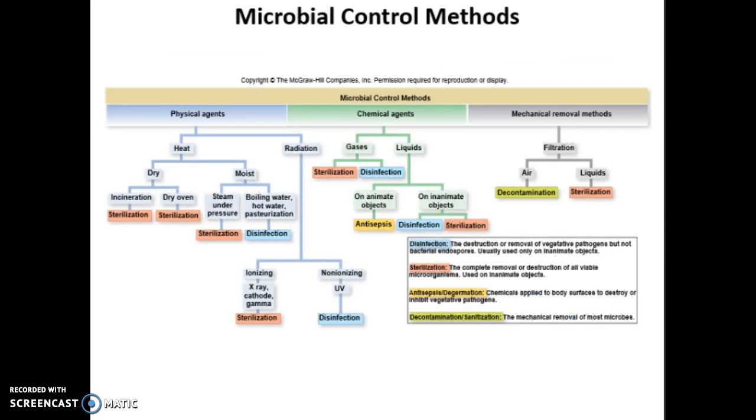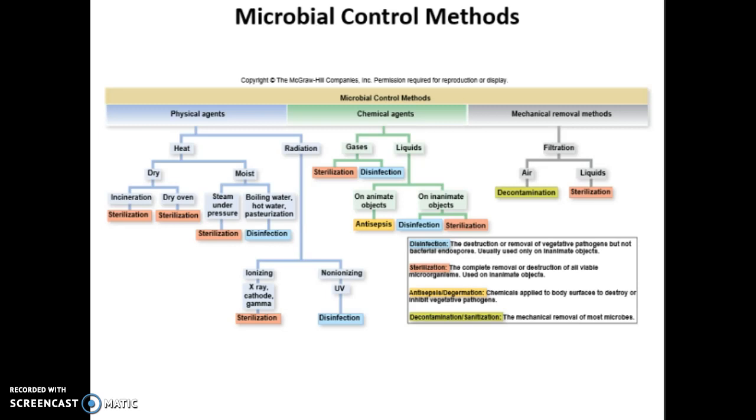All right, here you have figure 9.1 looking at microbial control mechanisms. And if you like flowcharts, this is a good one, because it includes different information in a variety of ways. Your control mechanisms are going to be physical agents, chemical agents, and then the mechanical removal methods. We'll go with mechanical because that is the least busy of the sections.